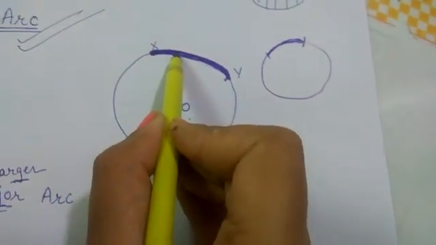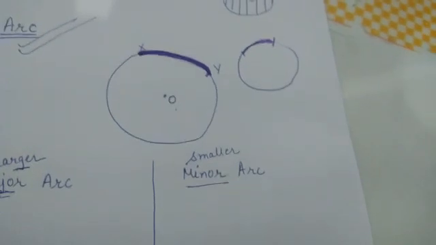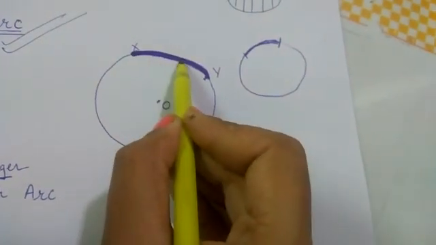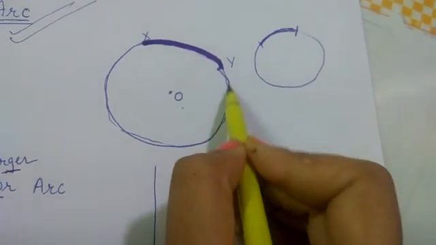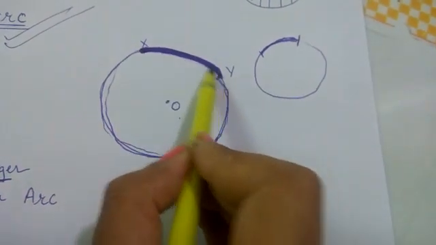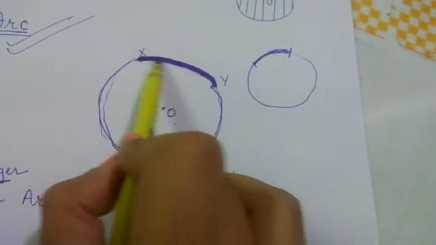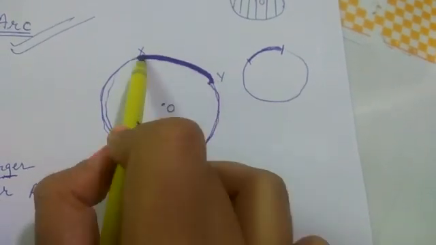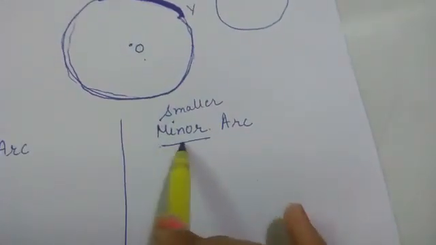Now you people are very smart. Now see, this portion of the circle that I have highlighted, I think you understood that this portion is smaller than this portion. Smaller means minor arc.